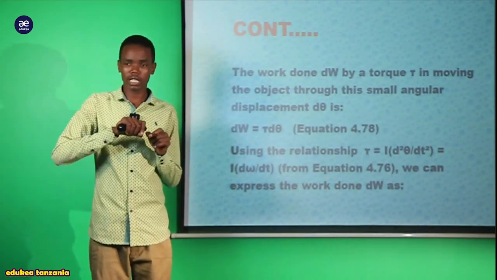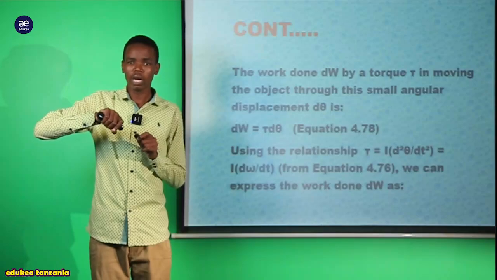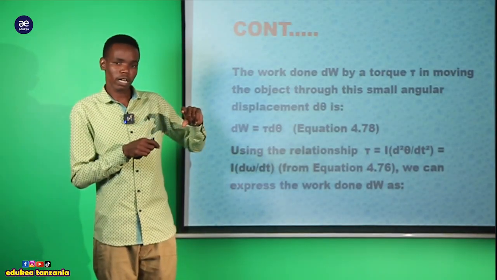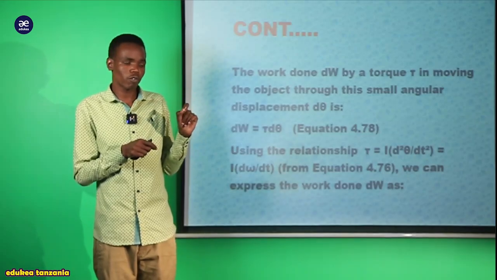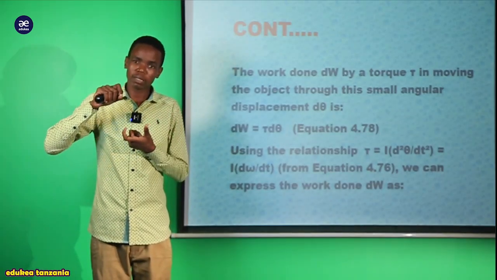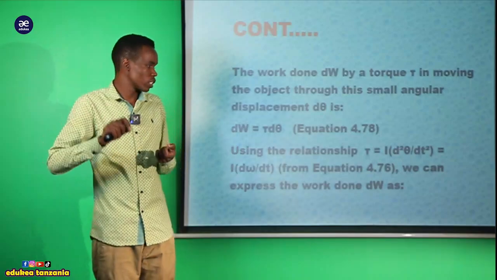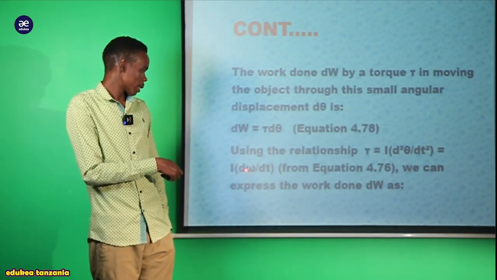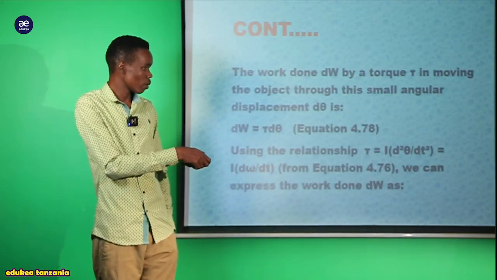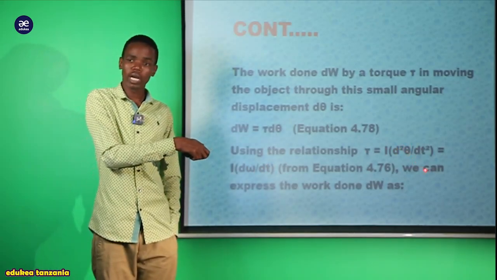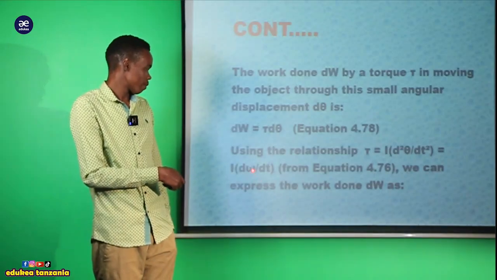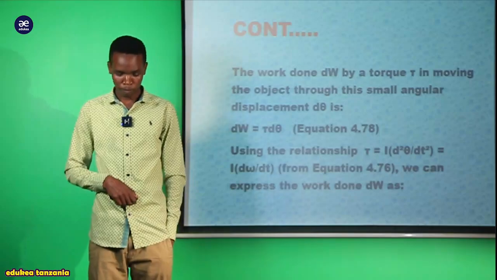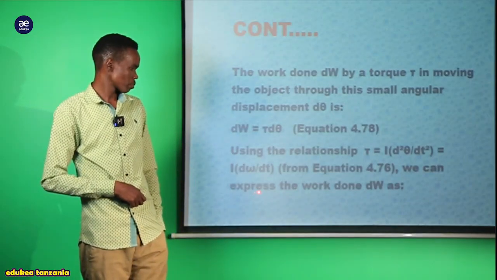Now we should express with respect to the angular velocity. With respect to the angular velocity tutasema kwamba the second derivative of the angular displacement must be equals to the rate of change of the angular velocity. Kwa ndio maana tumeona hapa kwamba badala ya kuandika d square, the second derivative wa yule angular displacement tumeandika ni sawa na first derivative of the angular velocity, as we try to observe here.